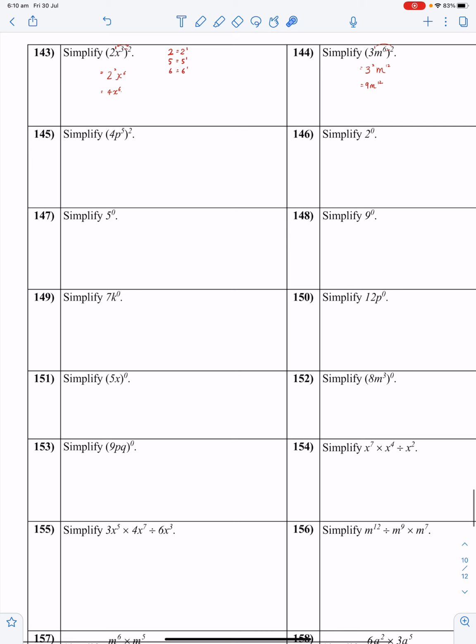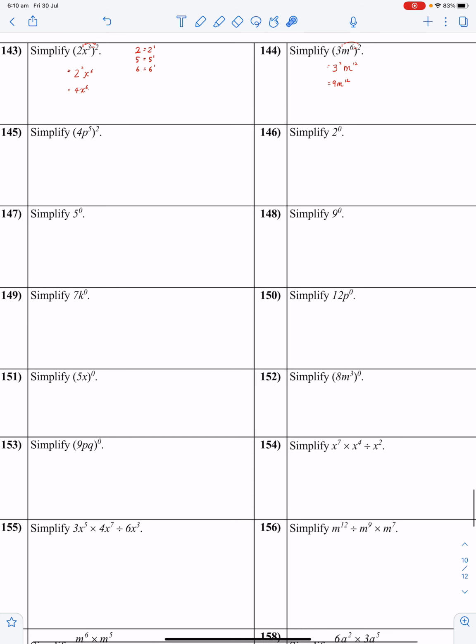Now, good news for you. You would have learned by now that in maths, anything multiplied by 0 is 0, and that's true. But did you know that anything to the power of 0 is actually 1?